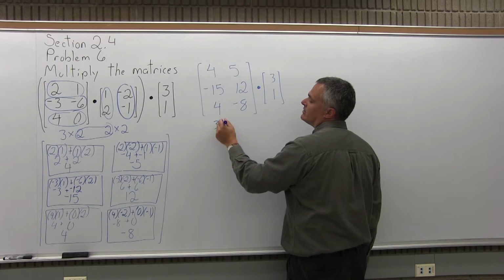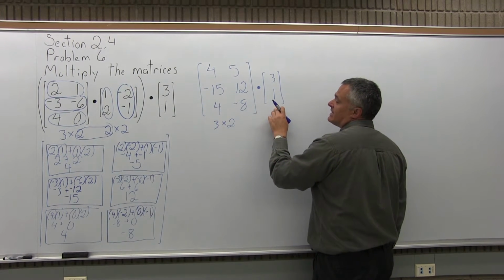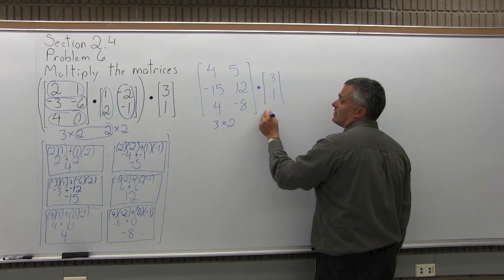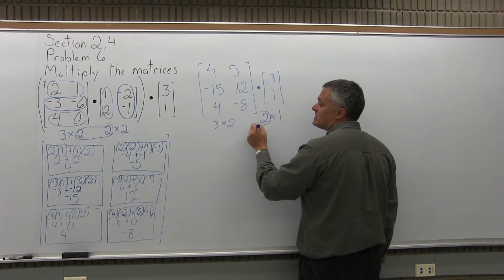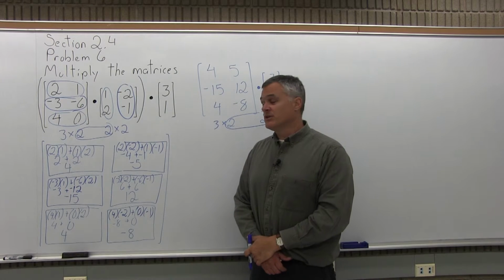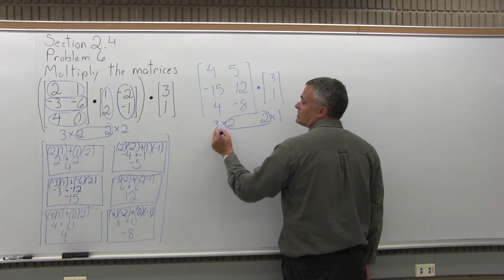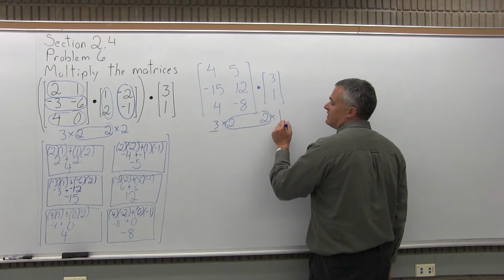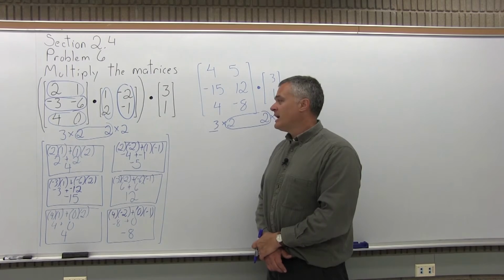And now the second matrix is a 2 by 1. It has 2 rows and 1 column. So now, do the inner numbers match? Yes, indeed they do. The inner numbers are both 2. So there is a solution, and not only do I know there's a solution, the solution will have this shape, a 3 by 1. The solution will have 3 rows and 1 column.